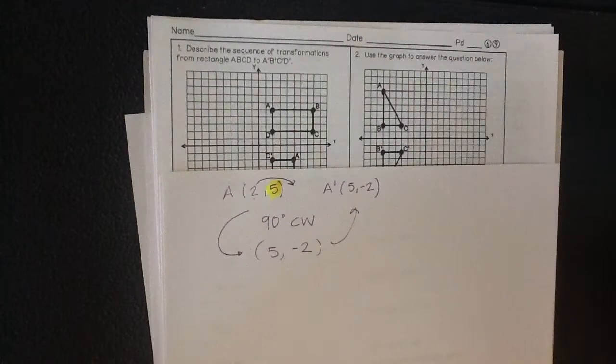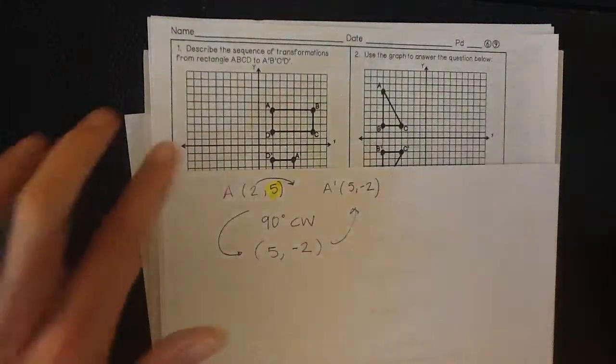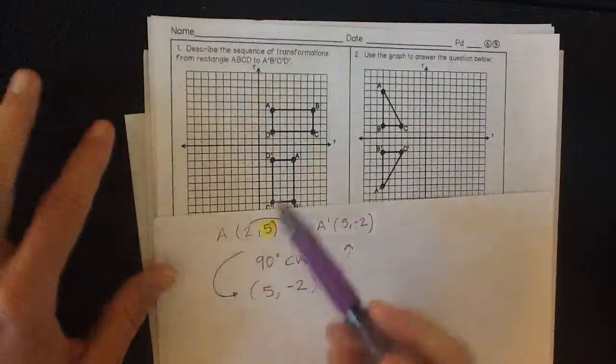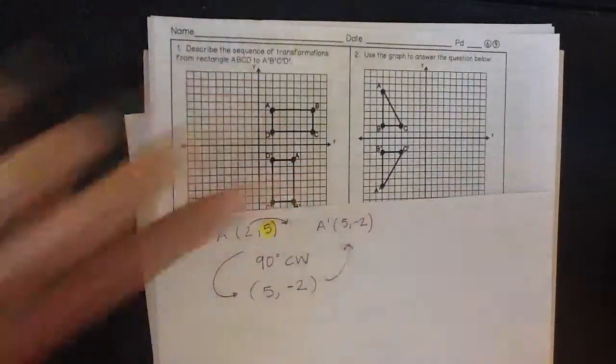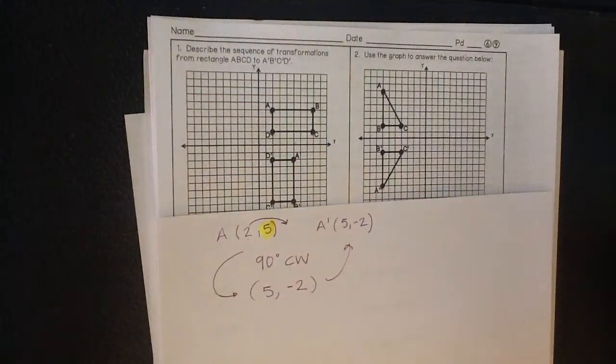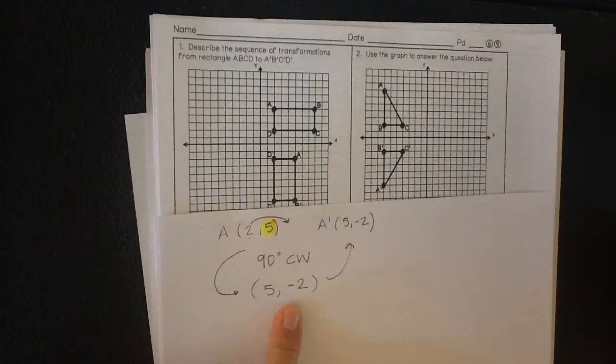So there really wasn't a sequence of transformations. Now what they could have done, and don't draw this, is shift this whole rectangle down 1 unit. And if they shifted it down, then our coordinate might not have been at 5, -2, it might have been at 5, -3. And so then there would have been a rotation and then a translation. Does that make sense?